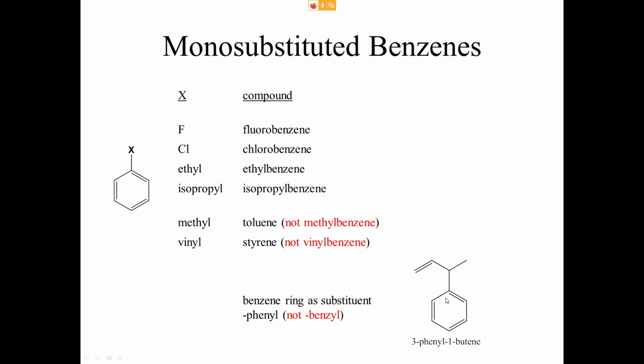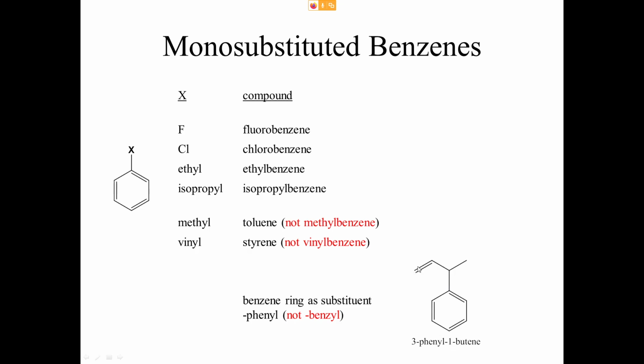So in this case, even though the ring has double bonds in it, the isolated double bond has priority. This thing, even though it's longer and bigger, is just a substituent. Treat it as if it were a big chlorine or something. So the main chain is 1, 2, 3, 4 carbons long, and the double bond gets priority, so this end is number 1. So it's a butene with a double bond on number 1.